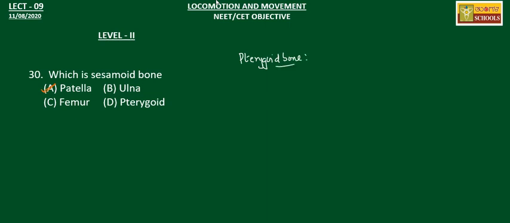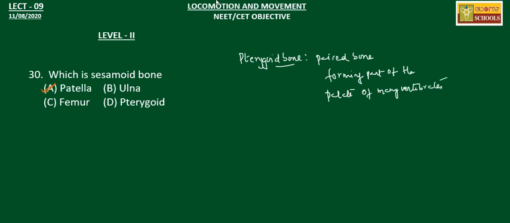So this pterygoid bone is a paired bone forming part of the palate of many vertebrates, right?